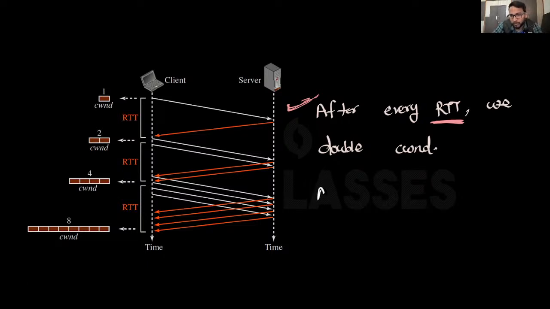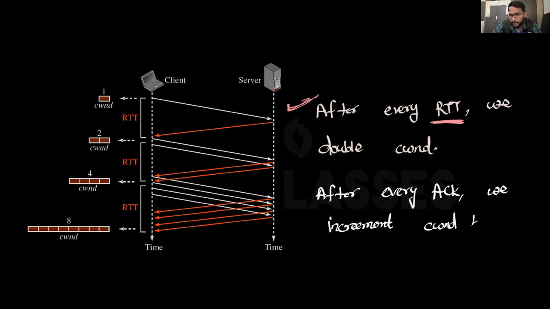There has been a GATE question also for this particular statement. I will tell you the GATE question. So after every ACK, we increment by 1. Right? Which means initially it was 1.